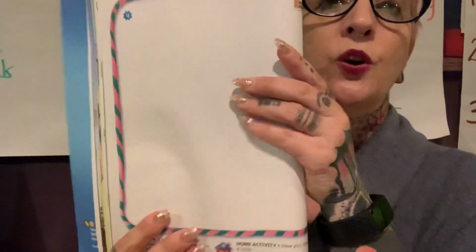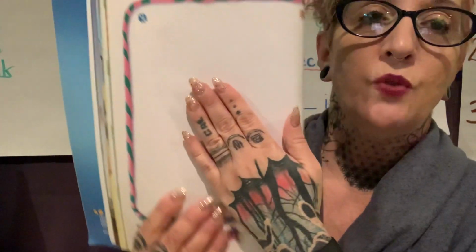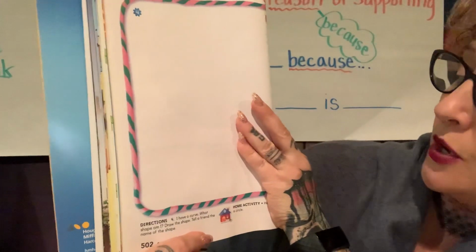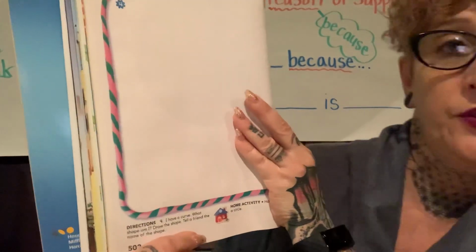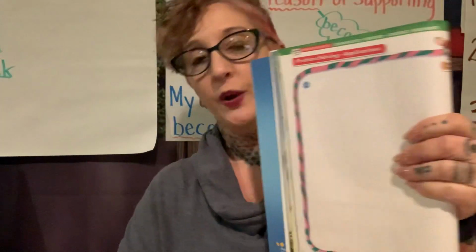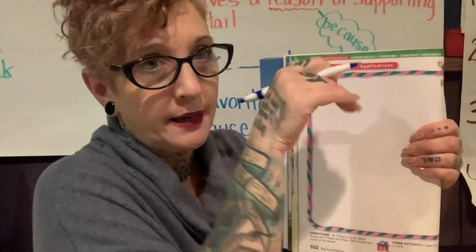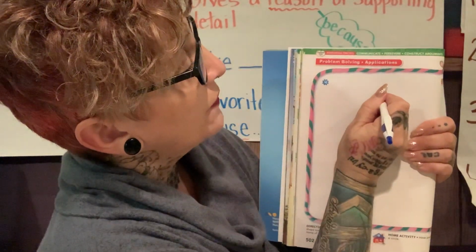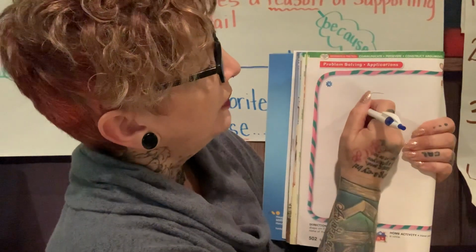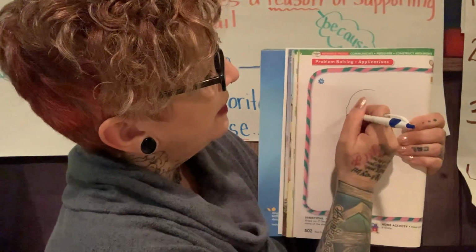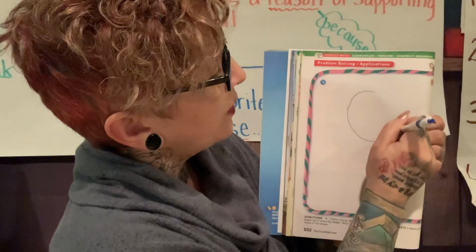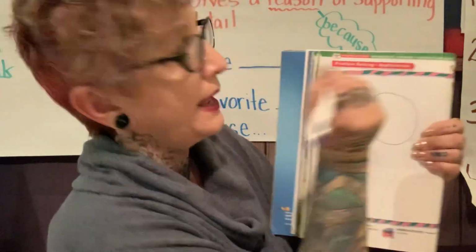Okay, and the last page, we're going to draw and write what we know about a curve. Like, what do we know about it? What is a curve? So let's draw that. We know straight lines go up and down, side to side, but a curve, if you remember that caterpillar, a curve kind of goes around, and around, and it keeps going because it's got to go back up and touch the other end.